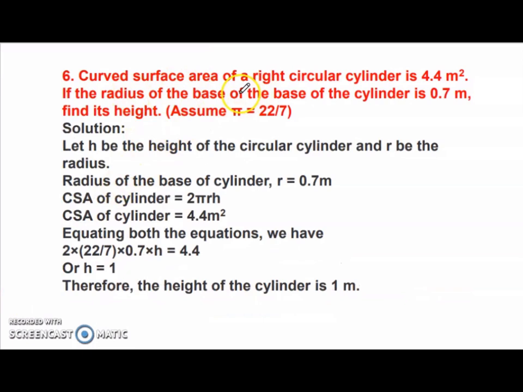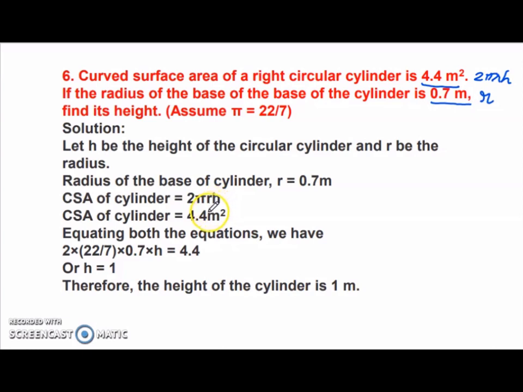Curved surface area of a right circular cylinder is 4.4 meters square. So this is already given, curved surface area of the cylinder, that is 2 pi RH is given to you. If radius of the base of the cylinder is 0.7 meter, so this is given as radius, you have to find the height.